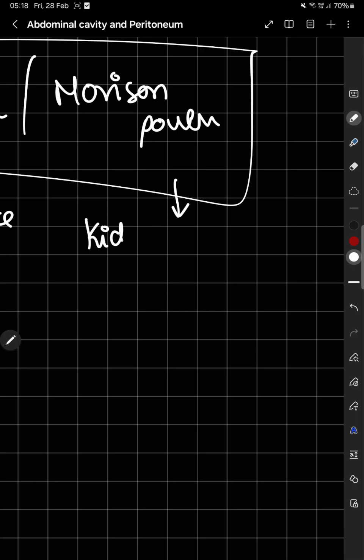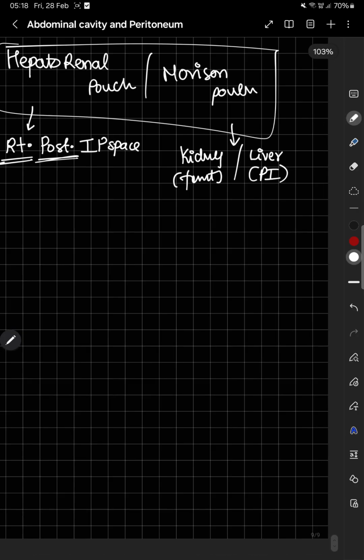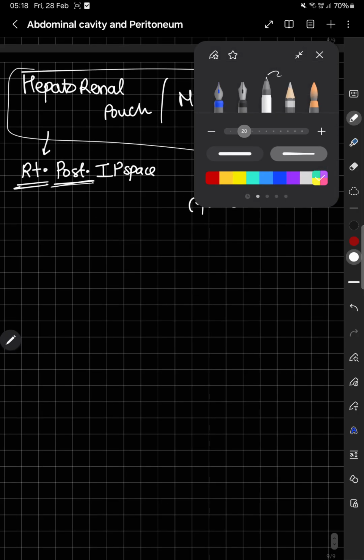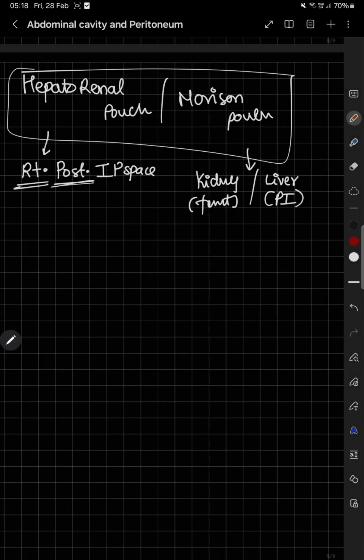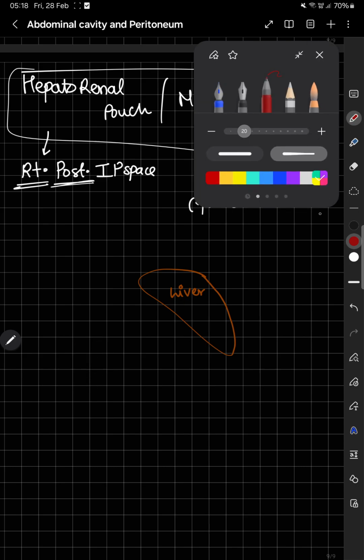So it's in the front of the kidney, between the posterior inferior surface of the liver. So we'll start off by drawing the diagram of liver. Yeah, so we have our liver here, and then after that we have our right kidney.